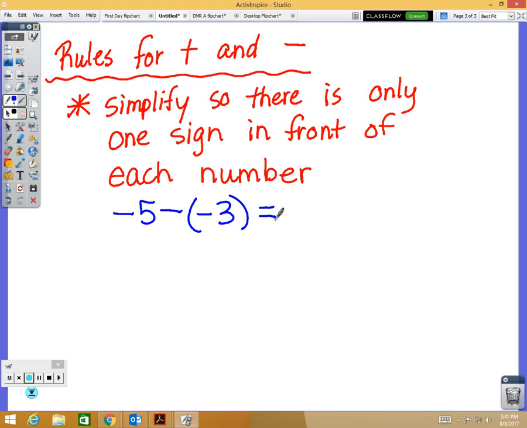Now nothing happened to my negative 5. I did not change the negative 5 at all. But this minus a negative 3 changed into plus 3. Okay, so that is simplifying it. And again, we don't always have to do that, but if there's more than one sign in front of it, then we need to simplify it so we only have one sign in front of it.